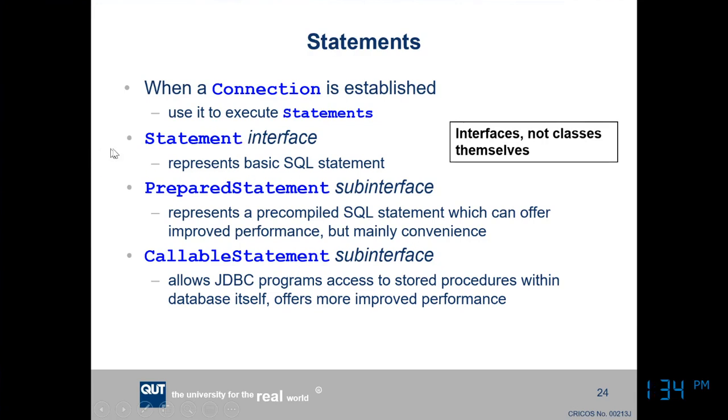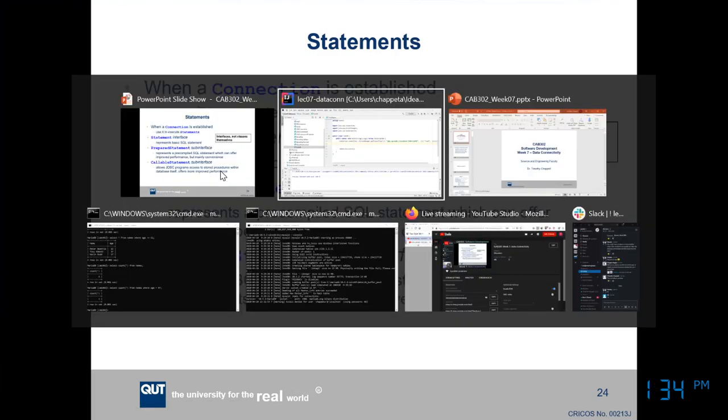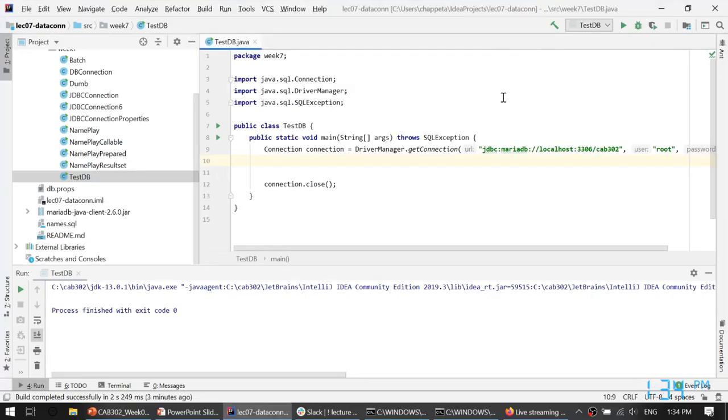These will be special to whatever driver you happen to be using, but you will just make use of these through the Statement interface or these two sub-interfaces, so that doesn't really affect you all that much. It just means you can't just go and create one. So the Statement interface represents a basic SQL statement, and that's a very simple way of doing things.